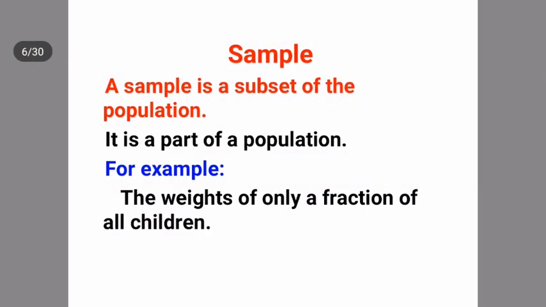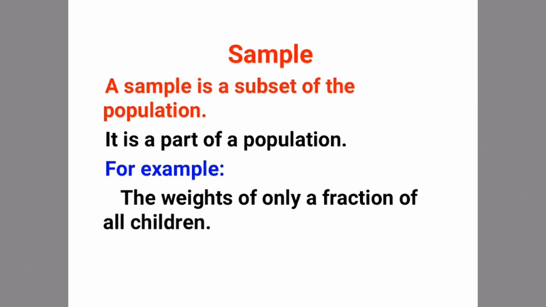After we have selected a sample, we can collect data from our sample, and we can conduct different methods to describe the characteristics of this sample. But what we are interested in is the characteristics of the population.